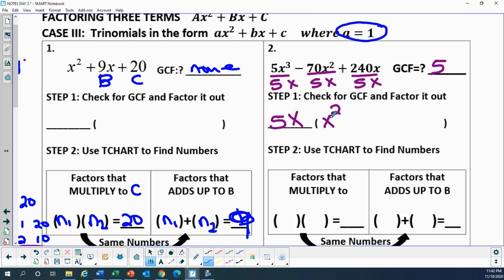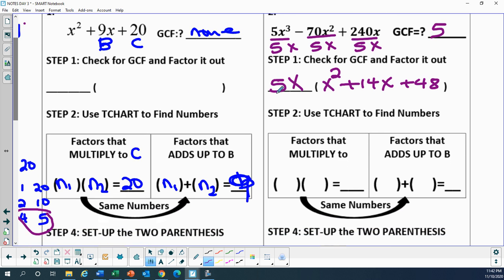70 divided by 5 would give me 14x. And then 240 divided by 5 would give me 48. Okay, that's what I have. So I will still continue to use the 5, but right now I'm only going to focus on the inside.